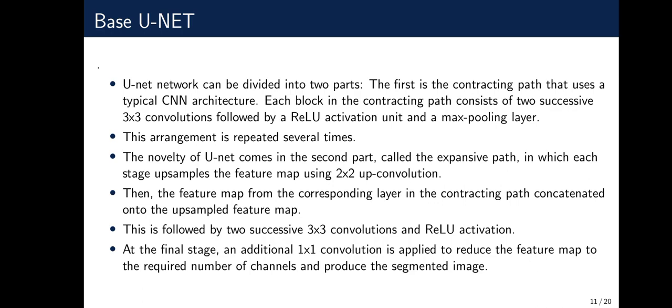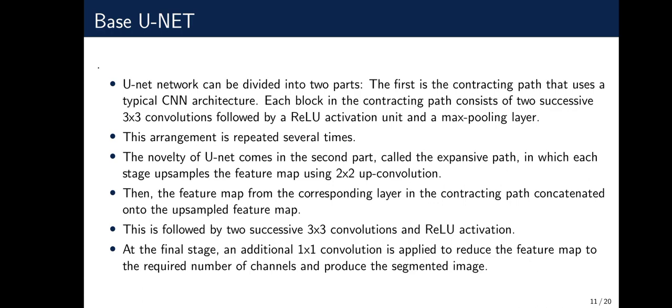The UNet network can be divided into two parts. The first is the contracting part that uses a typical CNN architecture, as mentioned earlier. Each block in the contracting path consists of two successive 3 by 3 convolutions followed by a ReLU activation unit and a max pooling layer. This arrangement is repeated several times. The novelty of UNet comes in the second part, called the expansive part, in which each stage upsamples the feature map using 2 by 2 up-convolution.